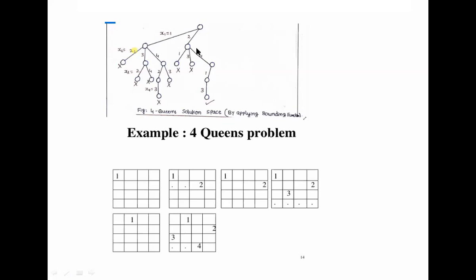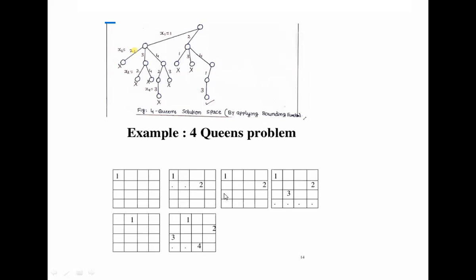See here: queen 1 in the second column, queen 2 in the fourth column, queen 3 in the first column, and queen 4 in the third column. So this is our solution. That is, 2, 4, 1, 3 is a solution for the 4 queens problem.